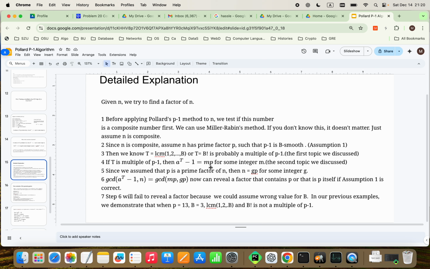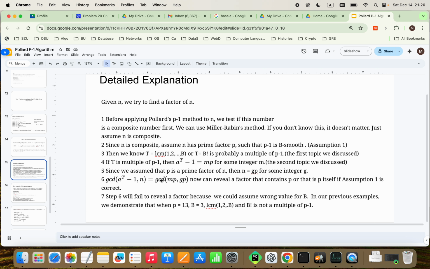Okay, if it's going to be a multiple of p, then the GCD of these two values is going to reveal a factor. It either reveals p itself or a multiple of p, as I explained in my previous page.